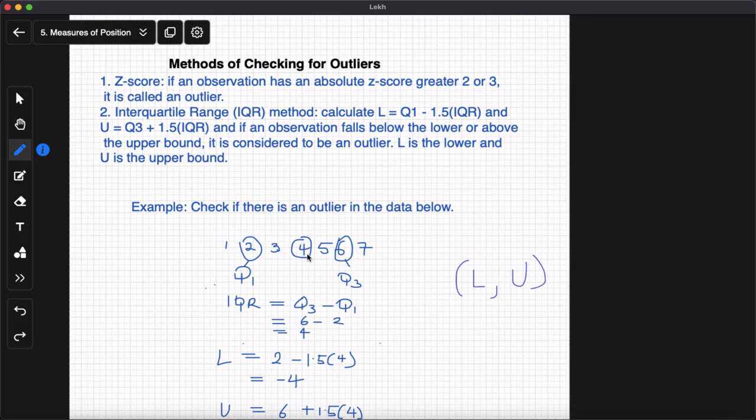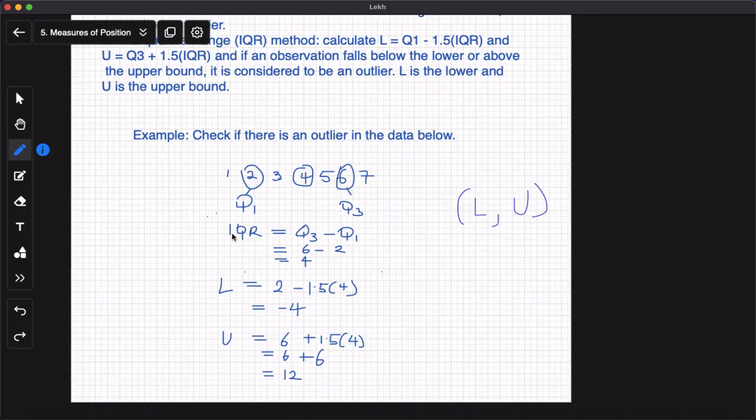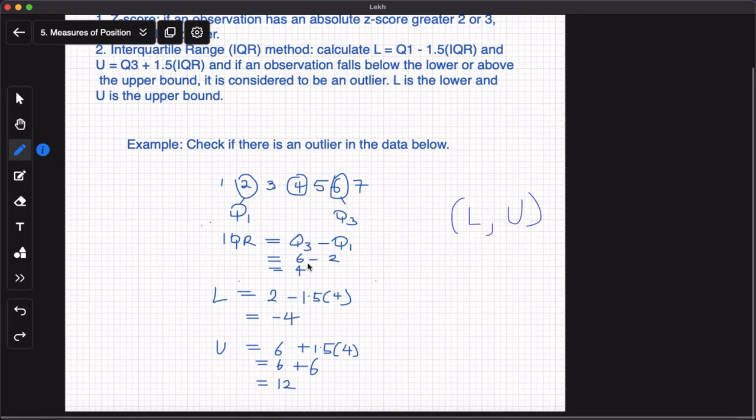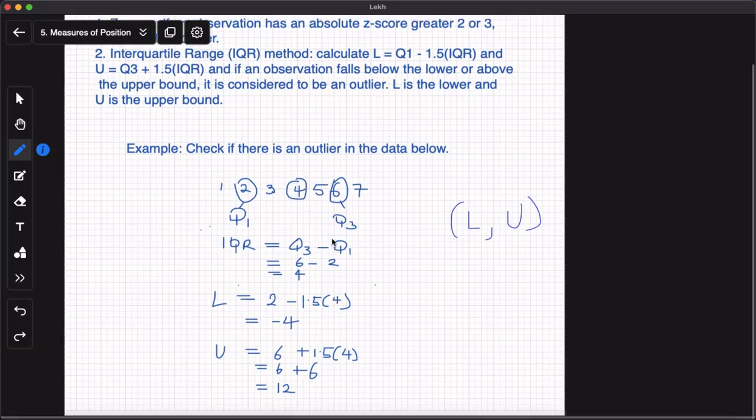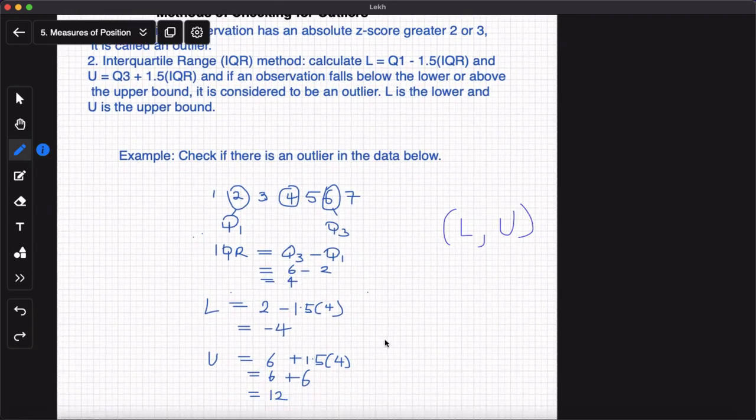For example, look at the data set we have here. Now, the Q1 is 2, the Q3 is 6. Now we can obtain the interquartile range to be 6 minus 2. That will give us 4. And then when we calculate the lower bound, we have it to be minus 4. You just substitute your interquartile range, which you have gotten from here, to be 4.